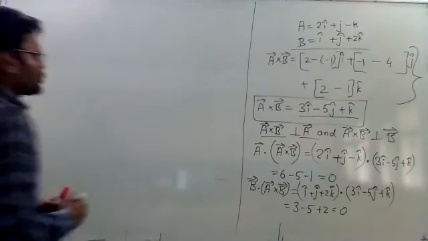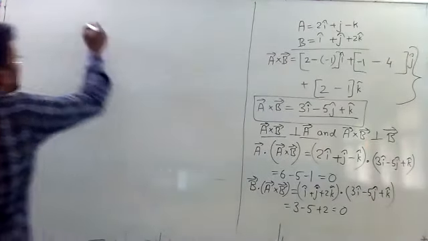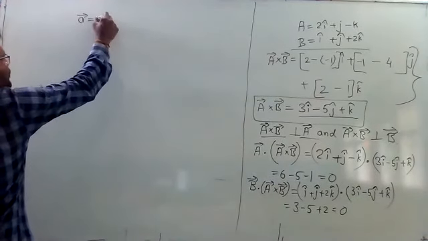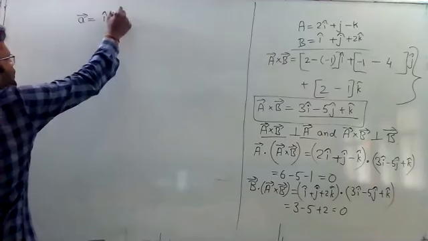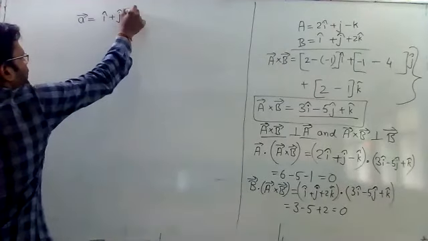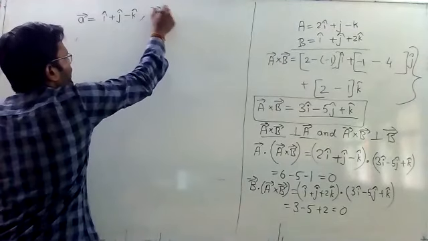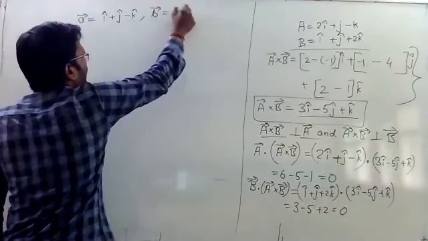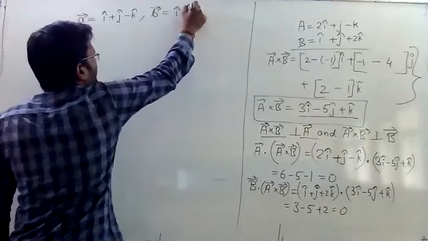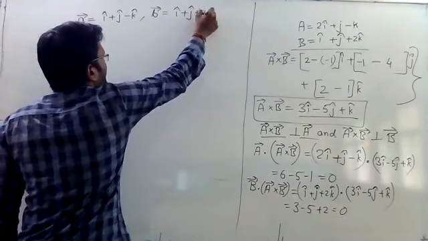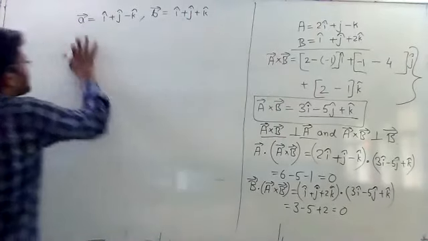Here we have one more question. Vector A is given as i cap plus j cap minus k cap, and vector B is given as i cap minus j cap plus k cap. These are the two vectors I have.